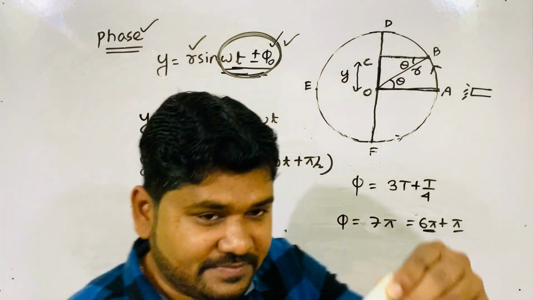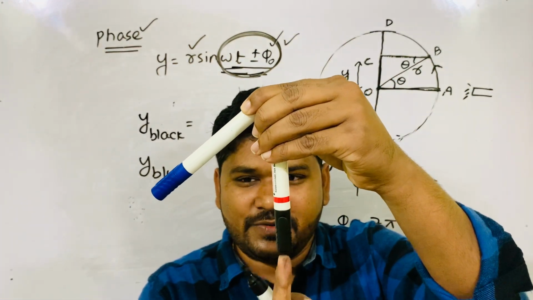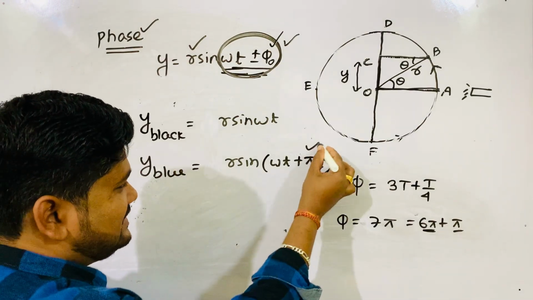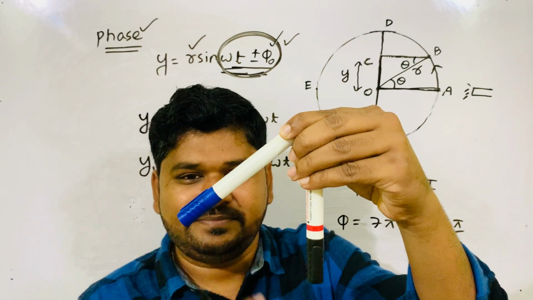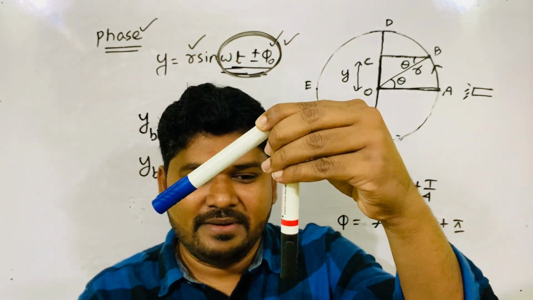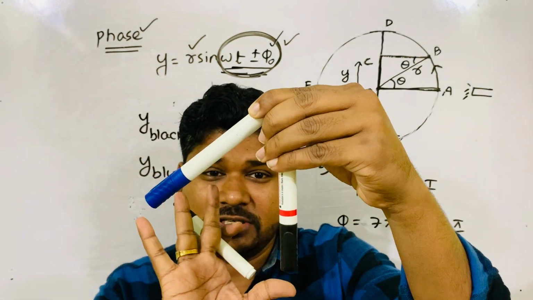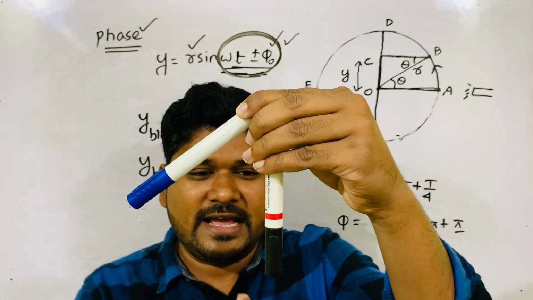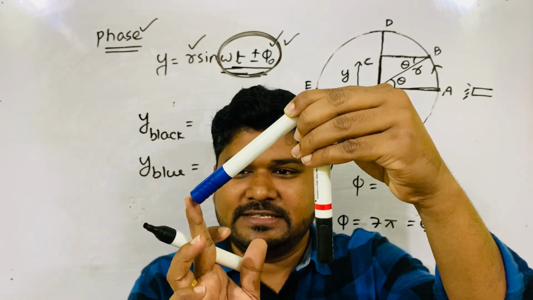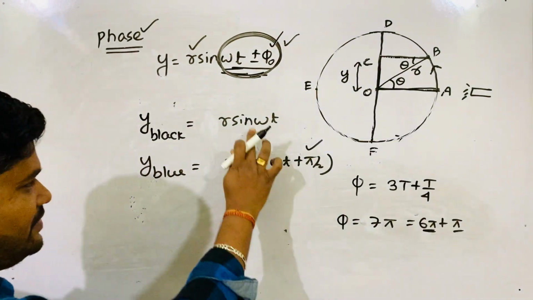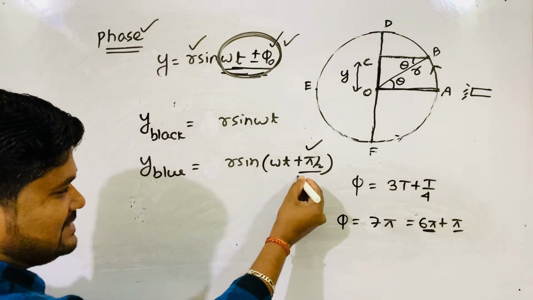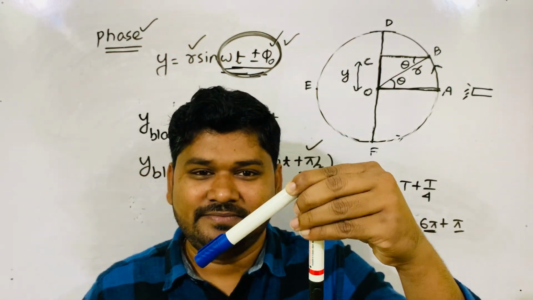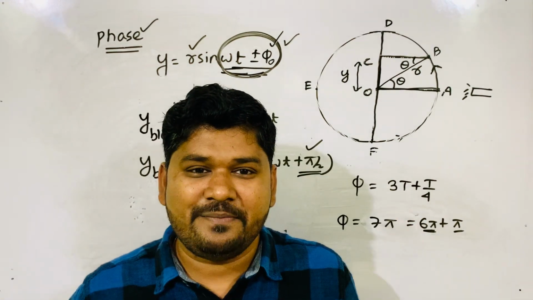The black marker is at 0 phase, but the blue marker already has some initial phase of pi by 2. At time 0, this is at 0 phase, but this is at pi by 2 phase. So this is the equation. You understood what the initial phase is now? This is the phase difference between them, pi by 2.